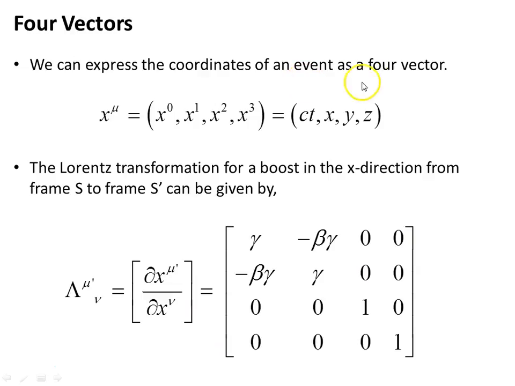Alright, 4 vectors. We can express the coordinates of an event as a 4 vector. So x superscript mu is x0, x1, x2, x3, and that's the Cartesian coordinates here.